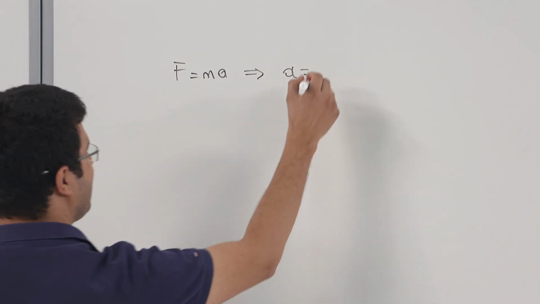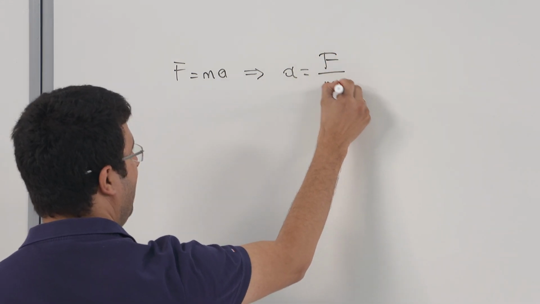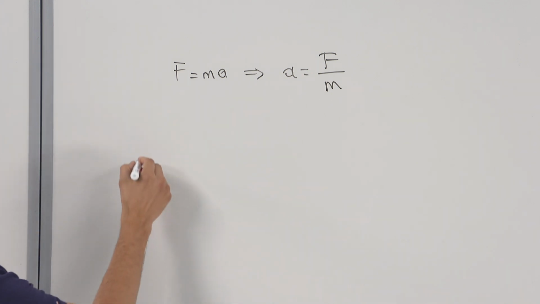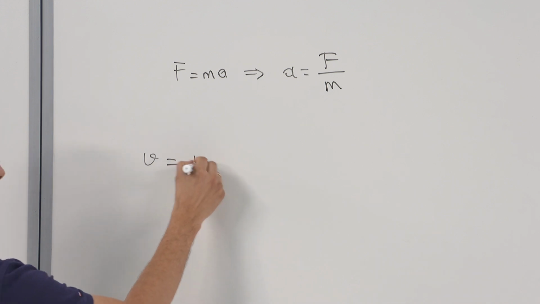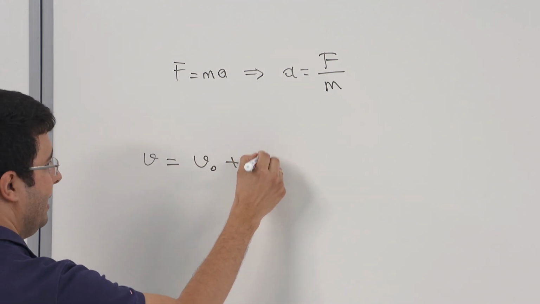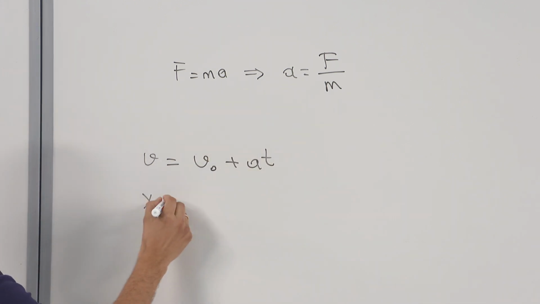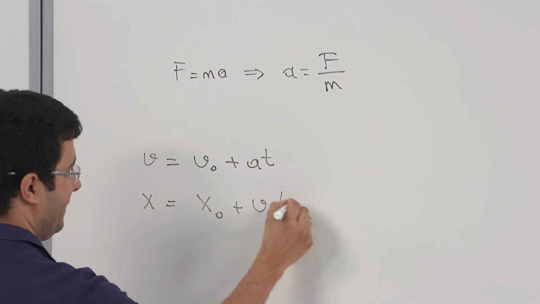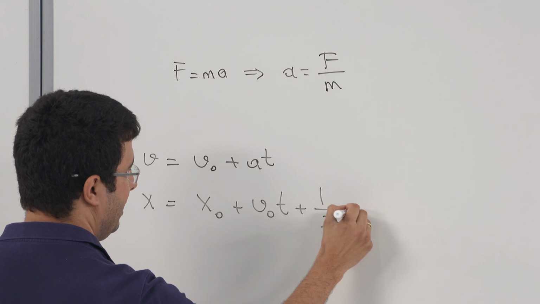If the acceleration is constant, which is given by F divided by m, the velocity of my baseball at a given time is simply given by its initial velocity plus a times t, and the position of the baseball at any time is given by x0 plus v0 t plus a half a t squared.